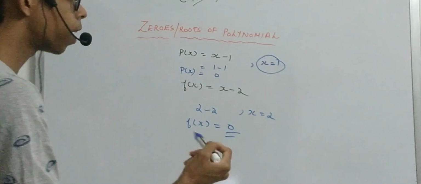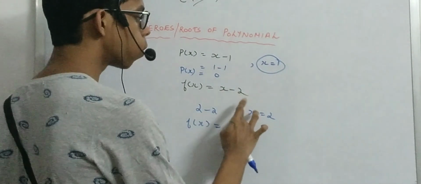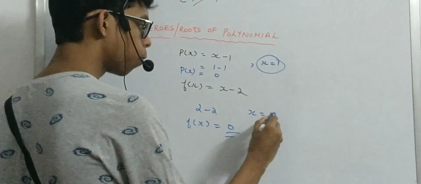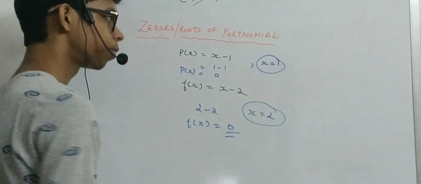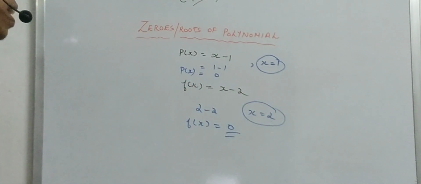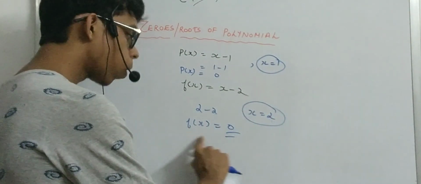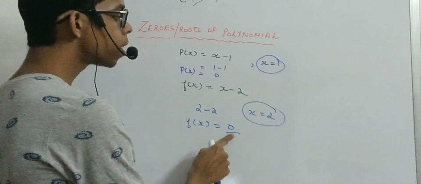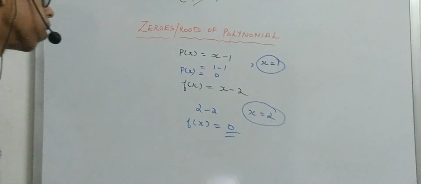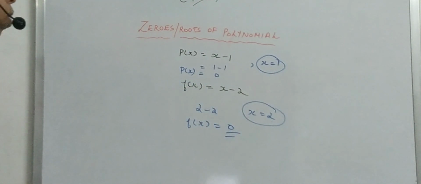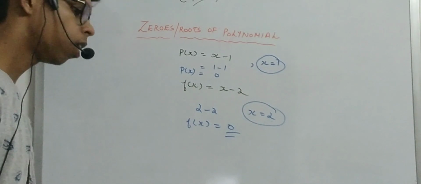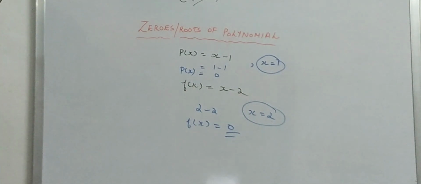So the zero of the polynomial is 2. That is the meaning of zeros of the polynomial. The value of x at which the entire polynomial's value becomes 0 is called the zero of the polynomial. I hope it is clear to you.